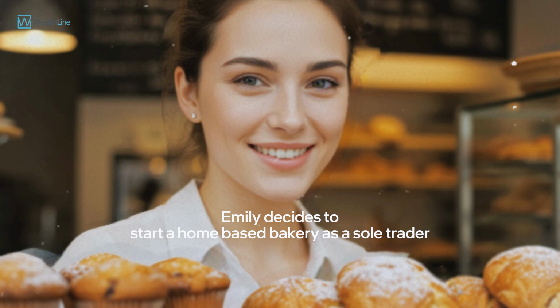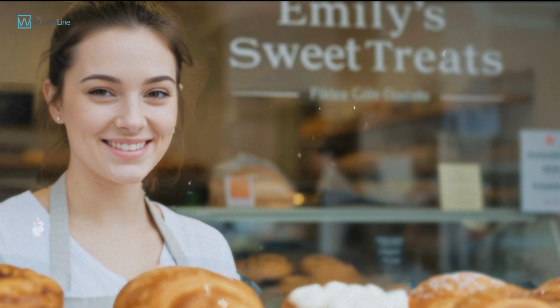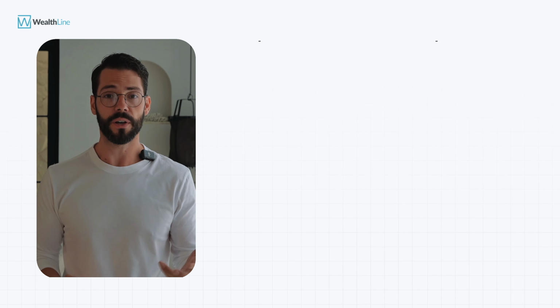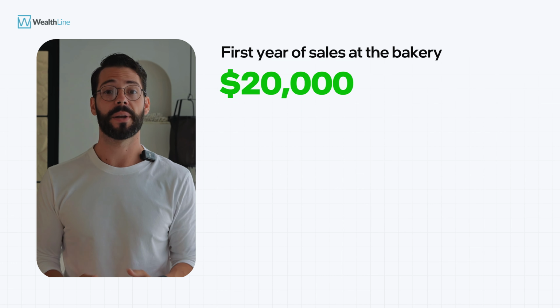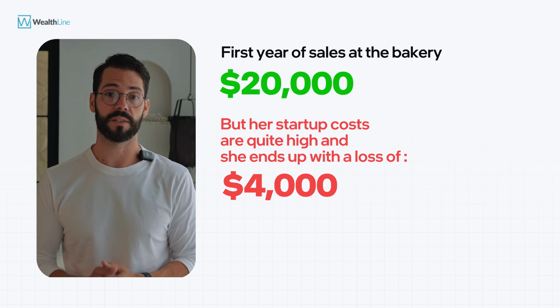Now let's bring these concepts to life with a real-world Australian example. Suppose Emily, living in Melbourne, decides to start a home-based bakery as a sole trader. She applies for an ABN and registers the business name Emily's Sweet Treats with ASIC. She takes out a business loan to buy an industrial oven and some initial stock of flour, sugar, and other essentials. In her first year, Emily's sales are steady and over $20,000, but her startup costs are quite high and she ends up with a loss of $4,000.